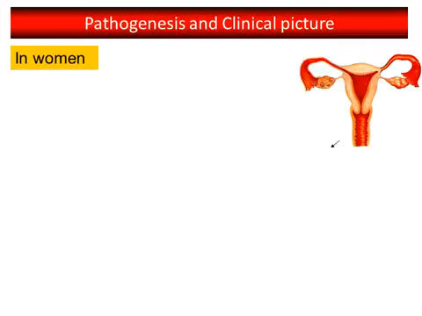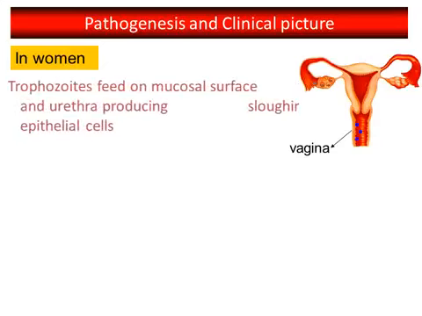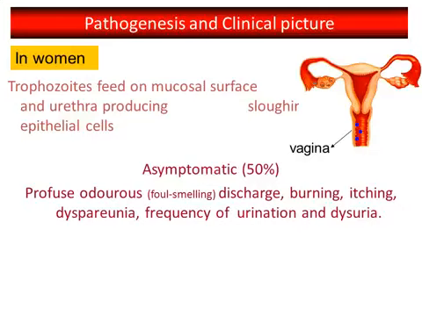In women, trophozoites feed on the mucosal surface and urethra, producing sloughing of epithelial cells. In the vagina, 50% are asymptomatic; others have profuse foul-smelling discharge, burning, itching, dyspareunia, frequency of urination and dysuria.